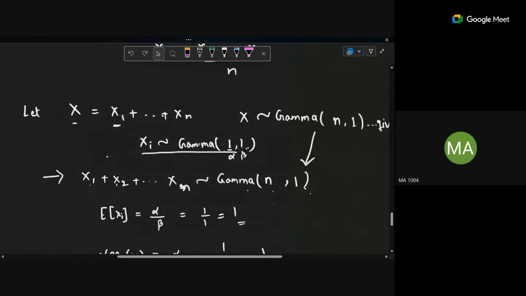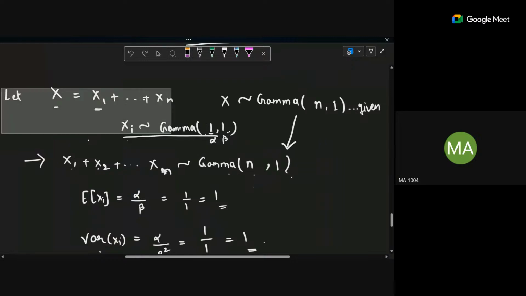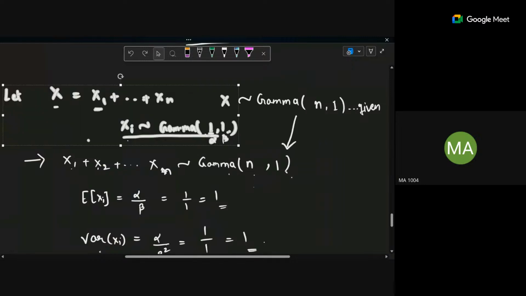First it was our assumption, then from this result, if there are n random variables following a gamma distribution with alpha as 1 and beta as 1, then their sum will follow a gamma distribution with alpha as the sum of these alphas and beta as it is. So we will use the same thing here again.